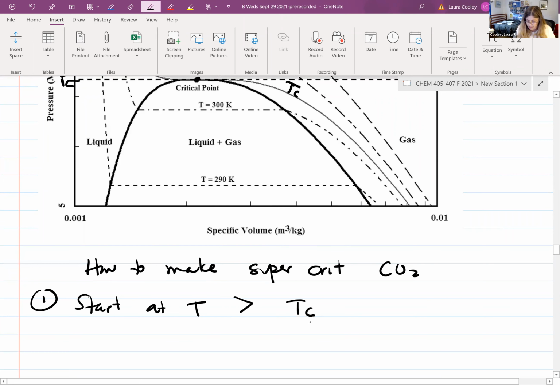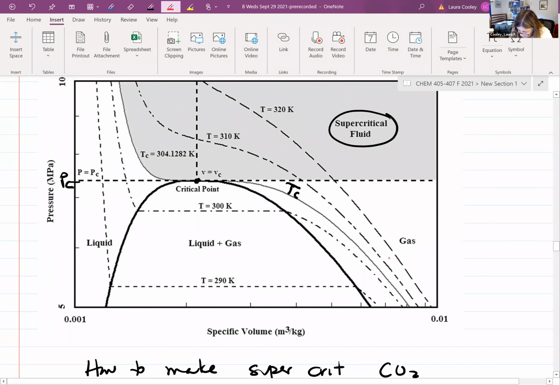Well, for CO2, that's not hard to do because the critical temperature for CO2, it says it here, it's 304 Kelvin, but that's 31 degrees C. So that's practically room temperature. So you would start here at maybe, this is the critical one. So like this one is 310, okay, 310. So you might start here.